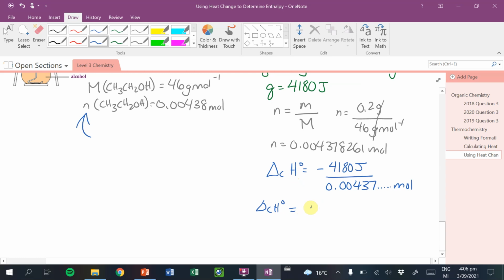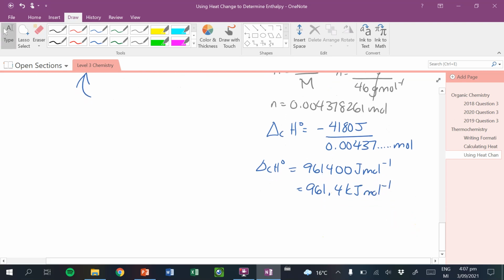All right. 961,400 joules per mole. We can convert that into kilojoules by dividing it by 1,000. So 961.4 kilojoules per mole in that case. And then 3 significant figures.